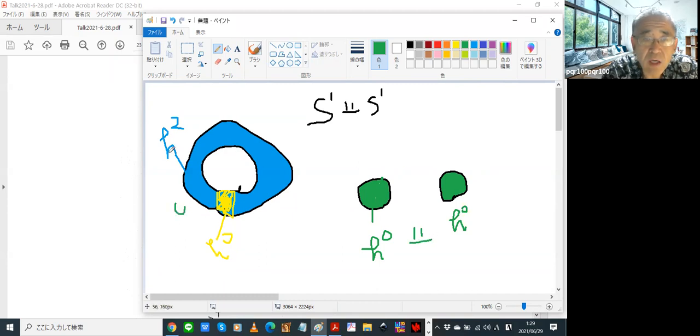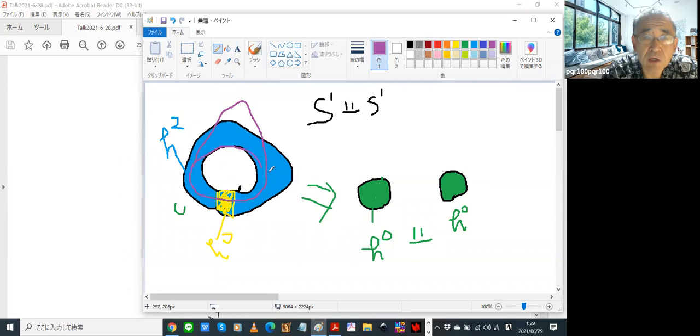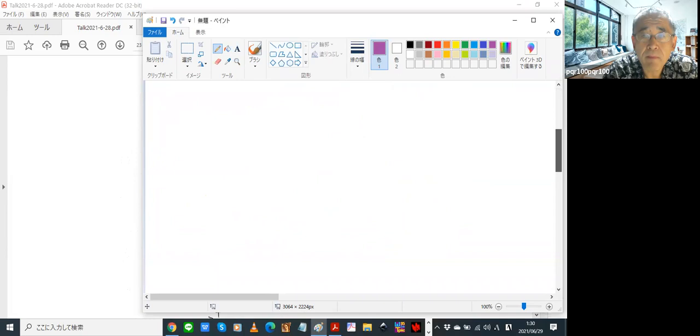Zero handle and two handles changed to zero handle and zero handle. Yeah, it's called trading handles. In this case, we use three-dimensional two handles. And so, generalize this operation into the high-dimensional case.